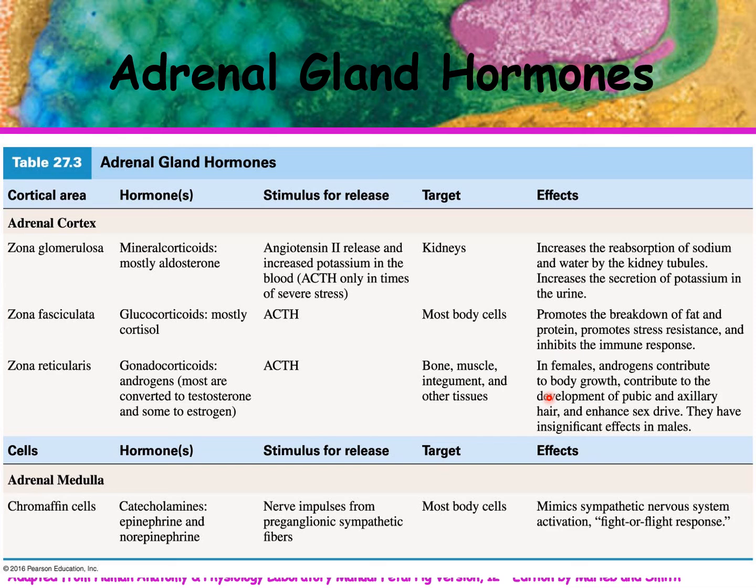So we've gone over that while we looked at the histology, but it would be a good idea for you to review this table so that you have a good idea of what stimulates each one of these zones of the adrenal cortex to produce its hormone, and what stimulates the adrenal medulla to produce its hormones.